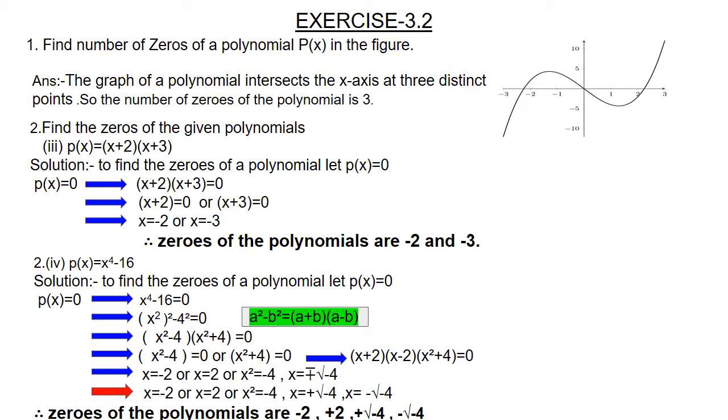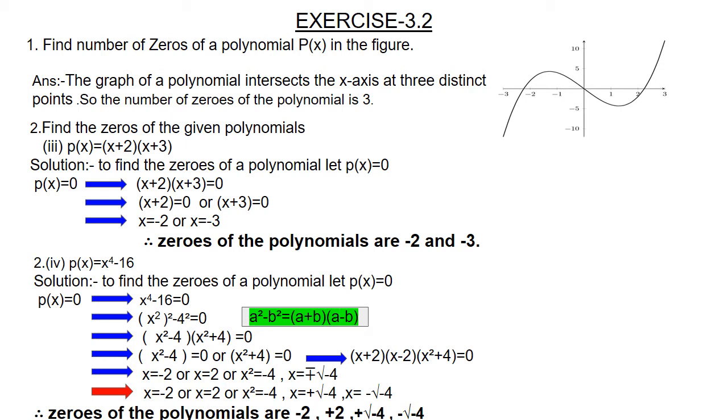Now observe, x^2 is equal to a, so this is a^2, and 4 is equal to b, so this is of the form b^2. a^2 - b^2 can be factorized as (a + b)(a - b). So what is a? a is x^2. What is b here? 4. So (x^2 - 4)(x^2 + 4) is equal to 0.